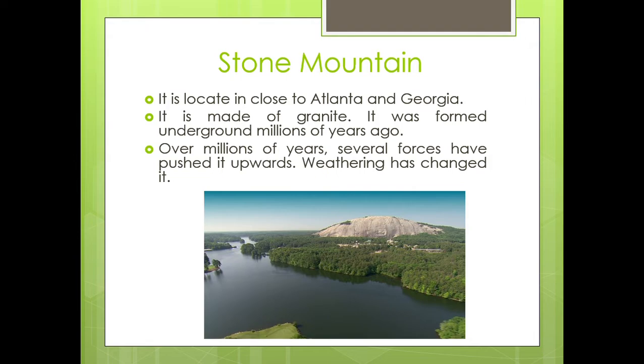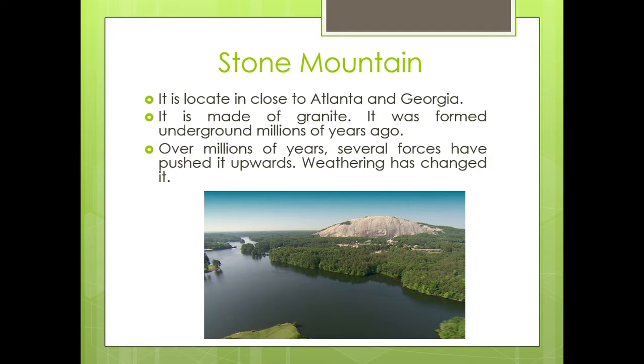So the mountain that you can observe right there is made of granite. But how was granite formed in first place? Well, it was formed underground, and it was part of the rock cycle that we are going to see just later on.